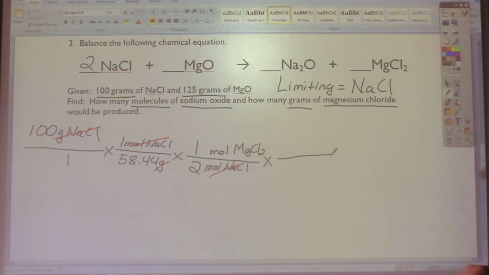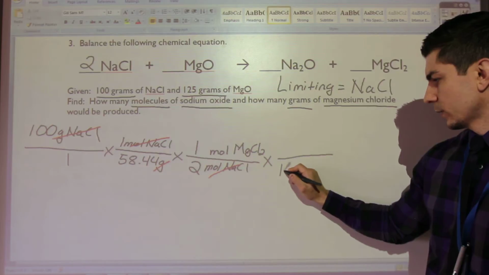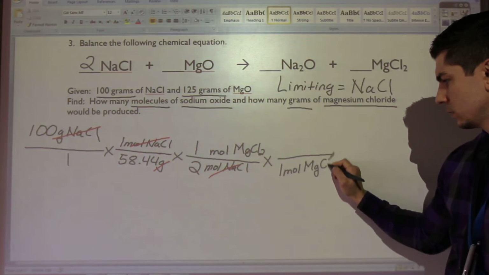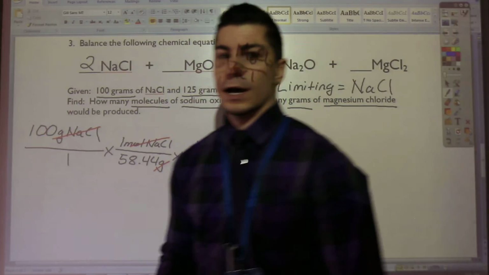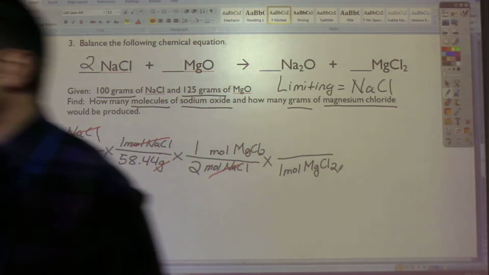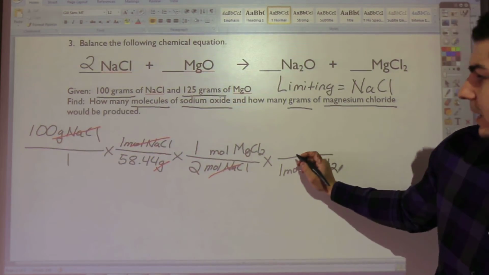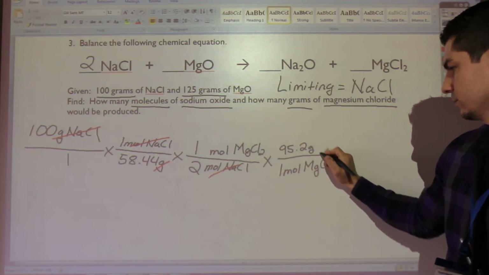And then lastly, what we have to do is we are going to go to grams. So we're going to have moles at the bottom. And then up top, we're going to have our molar mass of magnesium chloride, which is roughly 95.2 grams.